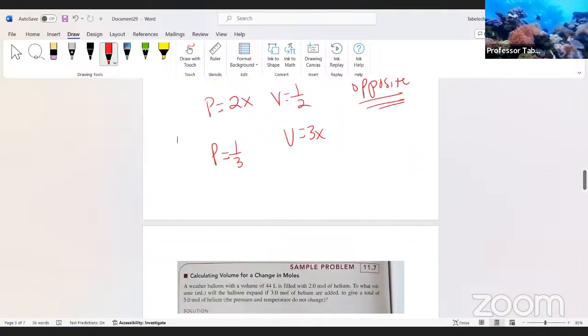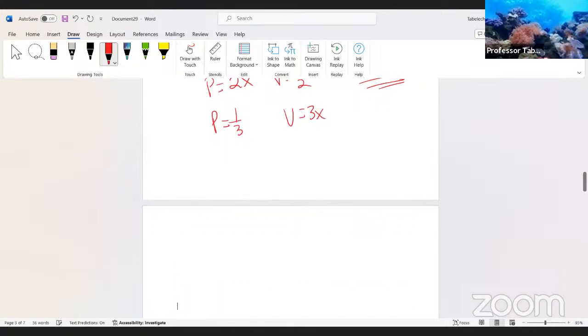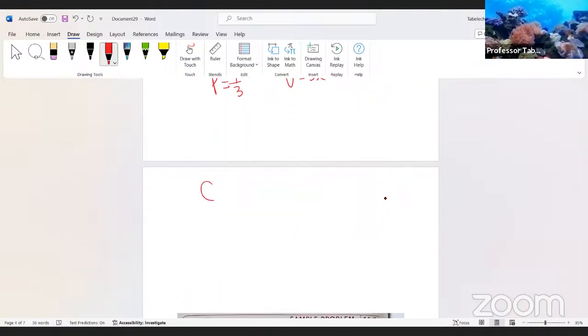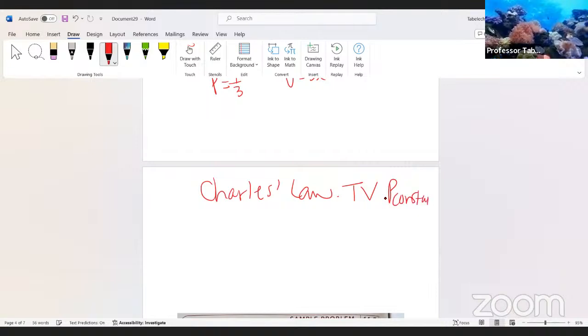However, if we're dealing with Charles' law, again as a summary, so you all can see how I'm able to use that even with the combined gas law: Charles' law deals with temperature and volume where the pressure remains constant. The pressure is not going to change. If my temperature goes up, my volume will also go up.